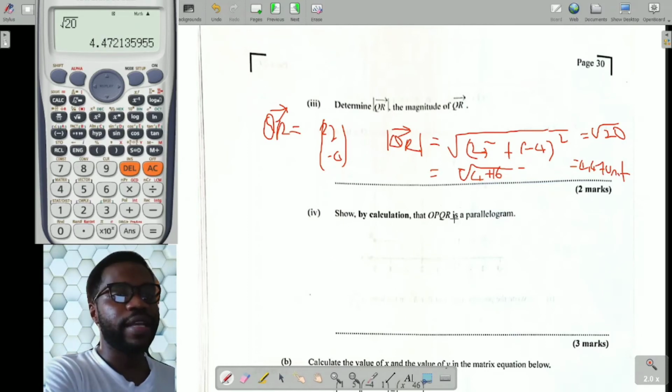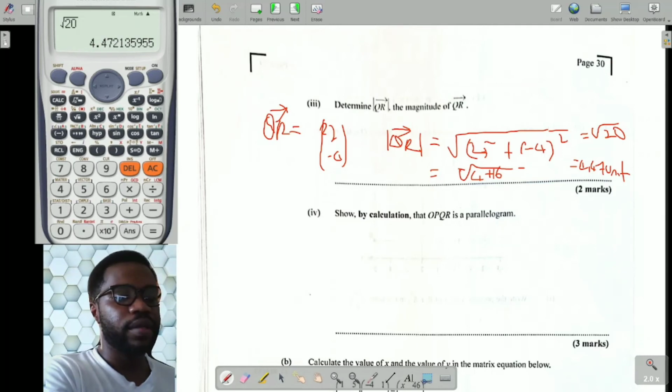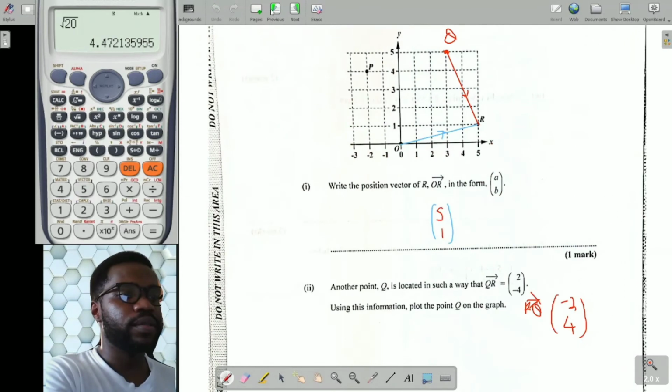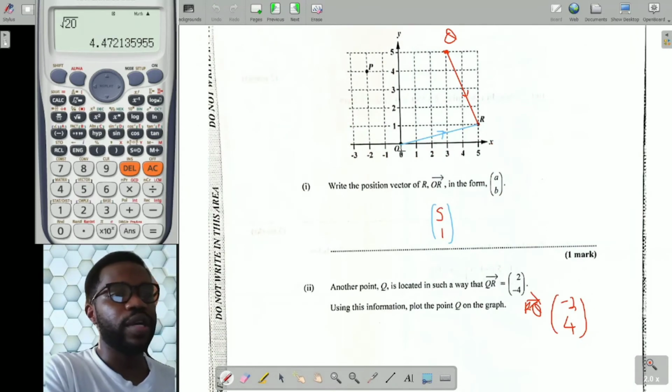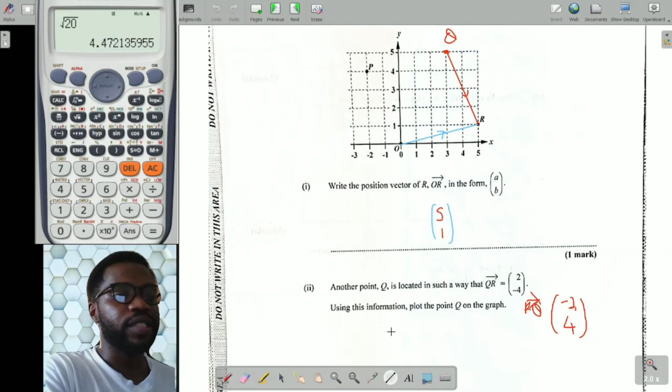Alright, show by calculation that OPQR is a parallelogram. Let's go back to the diagram. Previous. So we want to show that OPQR is a parallelogram. Now note what a parallelogram is: opposite sides are equal and opposite sides are parallel. So let me draw a straight line.